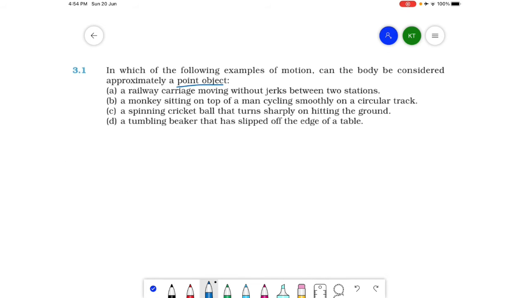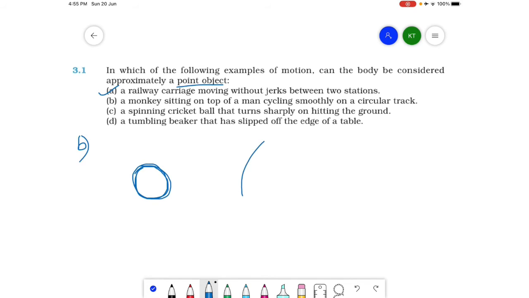What about part B? There's a monkey sitting on top of a man cycling smoothly on a circular track. Now consider that you're on a very small cycle track. In every position you have to keep on changing direction, so it won't be a smooth track.